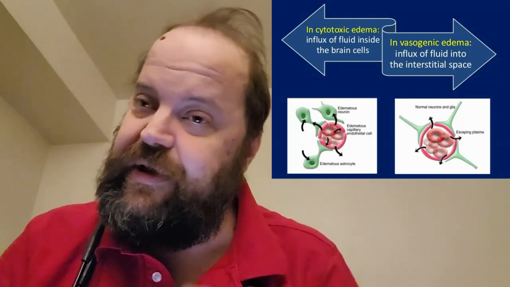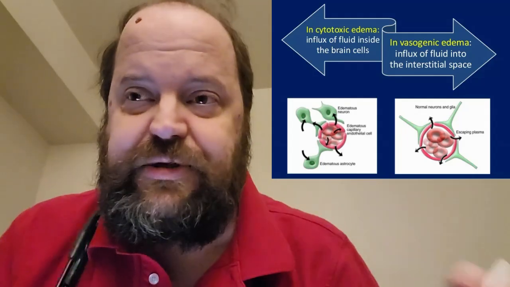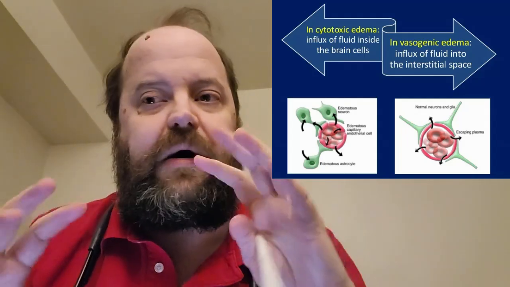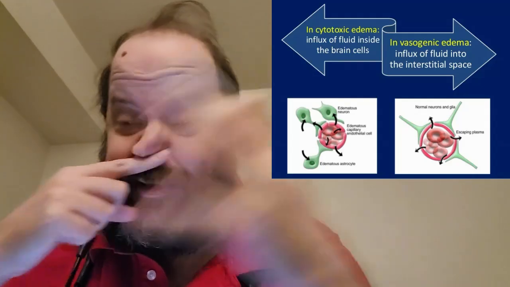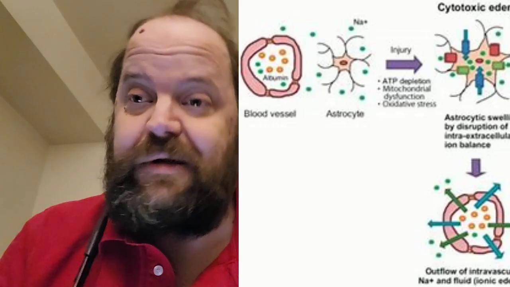And of the types of edema, there's cytotoxic and vascular. One has to do with transfer of fluid between the cell and the intercellular space. The other is between the blood vessels, blood-brain barrier, and capillaries. And so you see both with traumatic brain injury.